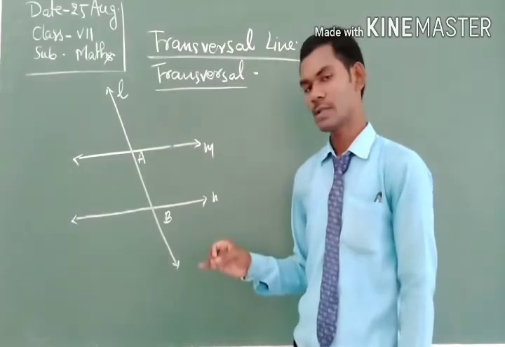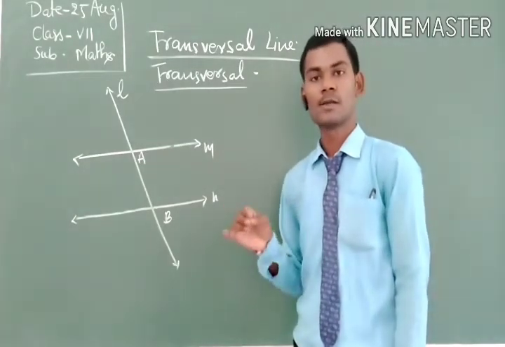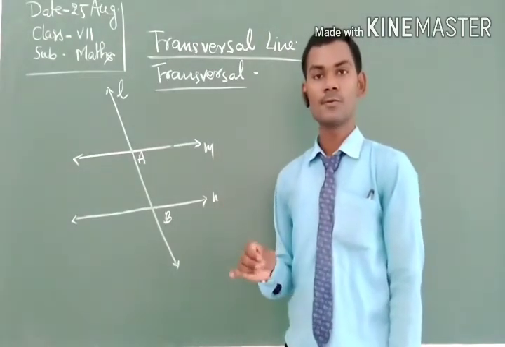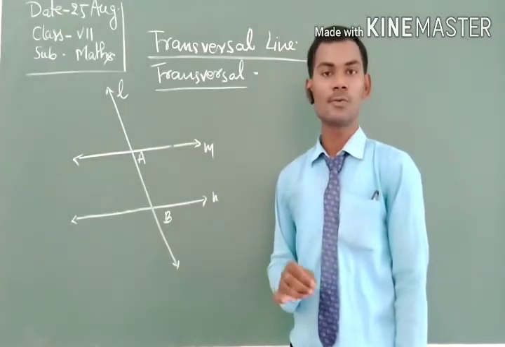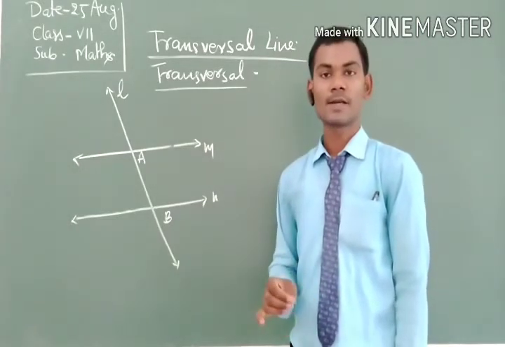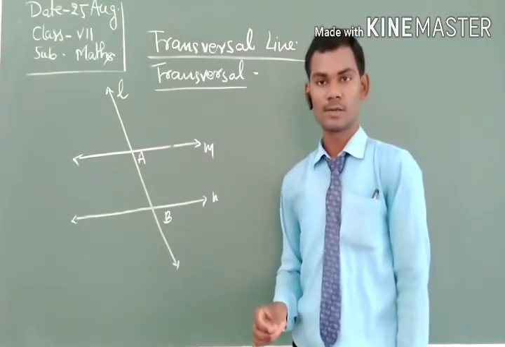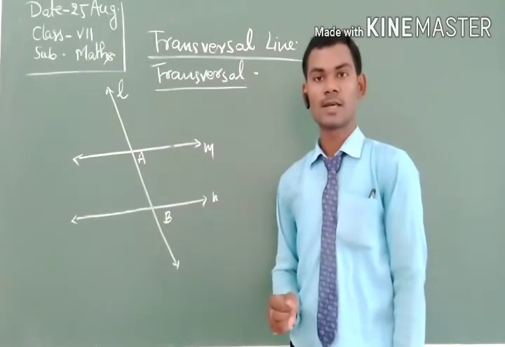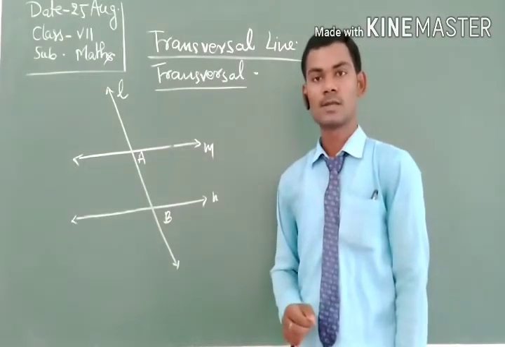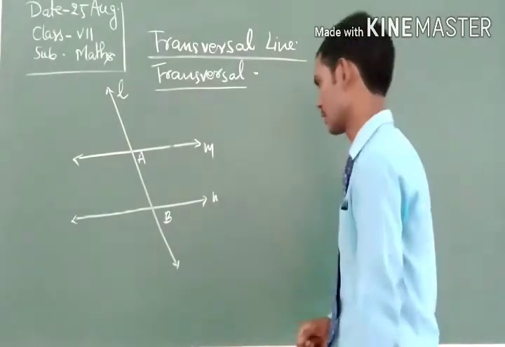Okay, so we define that a line which intersects two or more than two lines at different points, such a line is known as a transversal line.